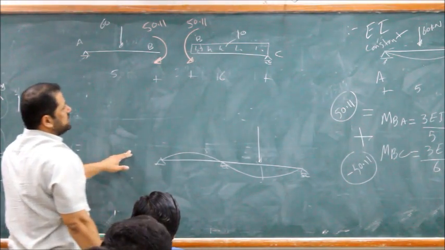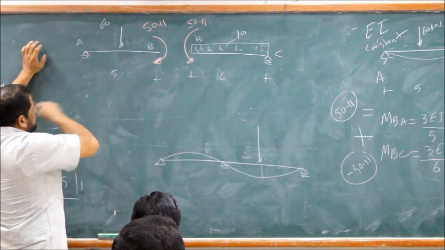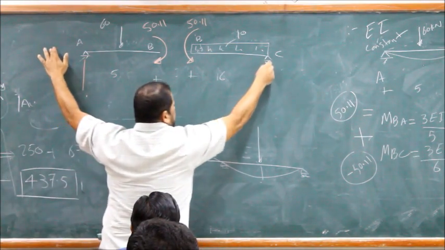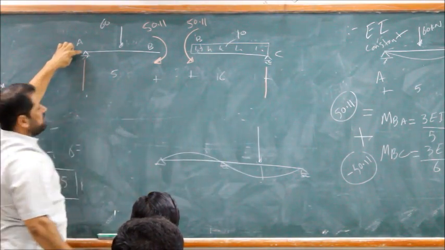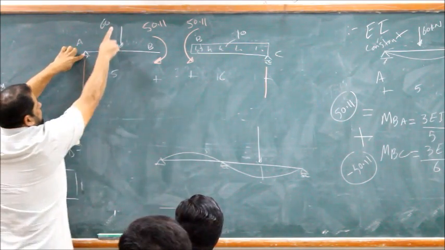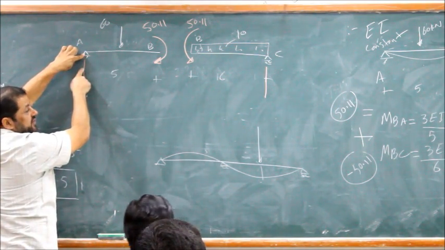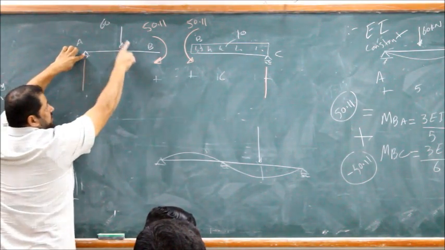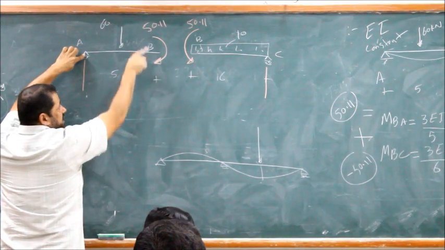Good? Same. So, what's the reaction now here? What's the reaction here? Now, sum of the moments equal to 0. We have 60 times 2.5, 50 goes counterclockwise. This and this, they are counterclockwise.